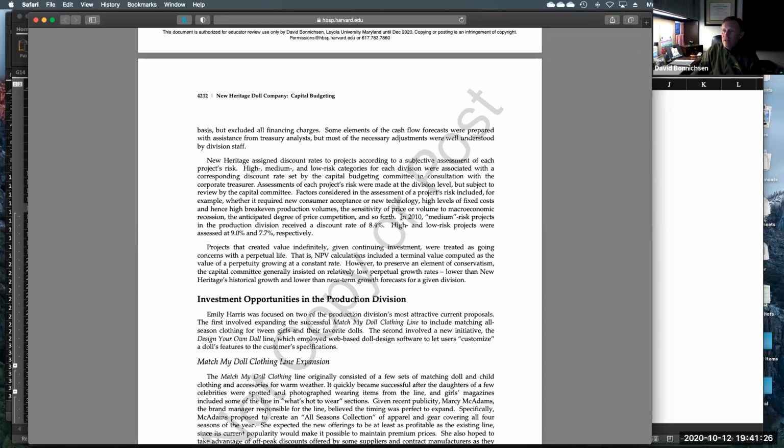It talks about medium risk projects in 2010, where they received an assigned discount rate of 8.4, high risk and low risk of 9 and 7.7 respectively. That's a big hint, as to when you start developing your net present value analysis, as to what rate you're going to use to discount those future value streams back into today's dollars.